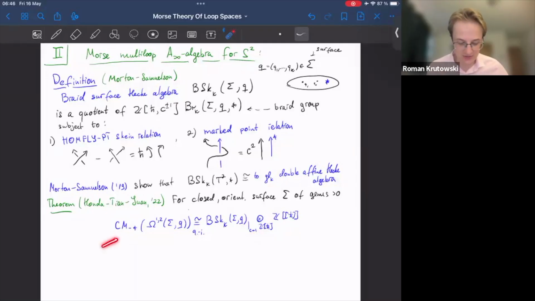Note here that this is a fake A infinity algebra, because for surfaces of genus at least 0, you can show that all based loops are of index 0. So all geodesic paths are unique in their homology class. So this is just an algebra, and for that reason their computation required computing only products for those geodesics.